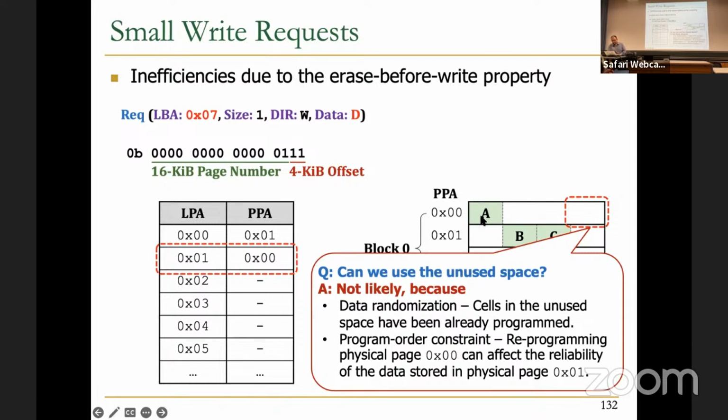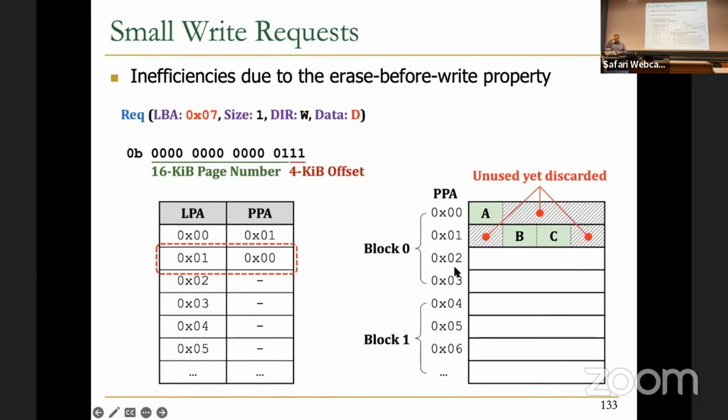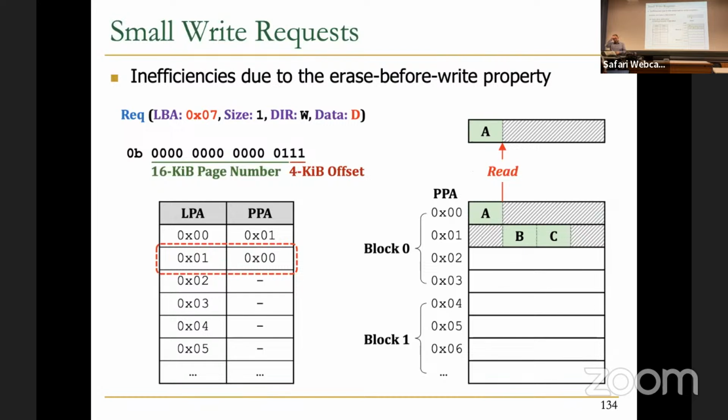And meaning that you also need to write this A to that as well. So you need to copy A and then D and then write it to another physical page address. So you like to avoid such things. And that's what we do with basically by using this fine-grained mapping.